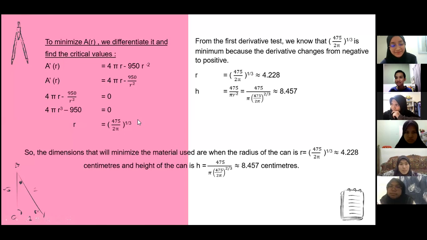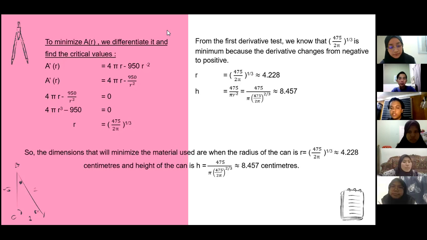For the next step, we need to minimize A(r). We need to take the derivative of A(r) and find the critical values. We need to remember that to find the critical values, we set the derivative equal to 0.